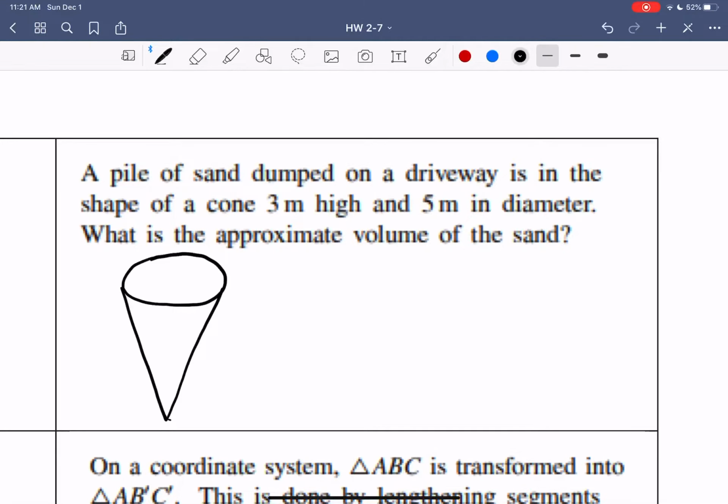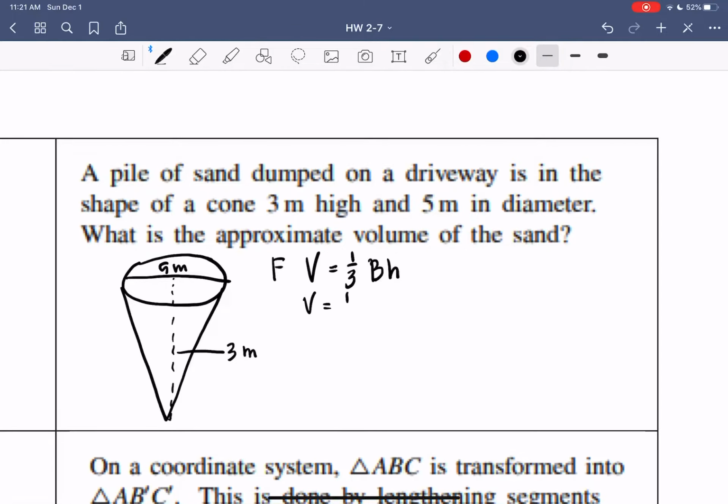So we have a diameter of 5 meters and a height of 3 meters. So we have our formula, volume equals 1/3 big B H.